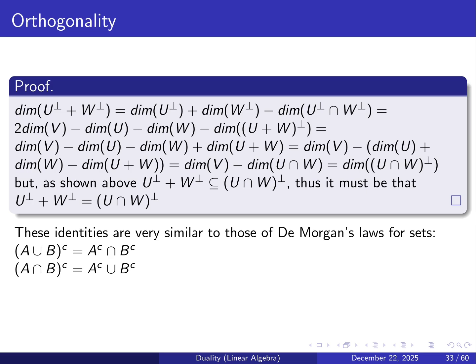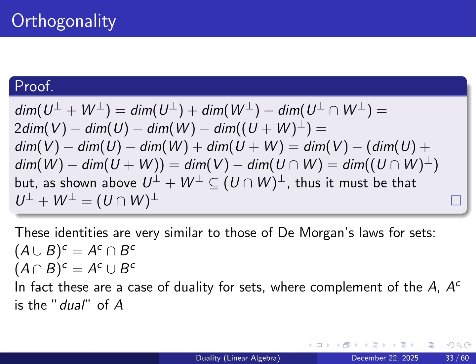These identities are very similar to De Morgan's laws for sets, which say A union B complement is equal to A complement intersection B complement, and A intersection B complement is equal to A complement union B complement.